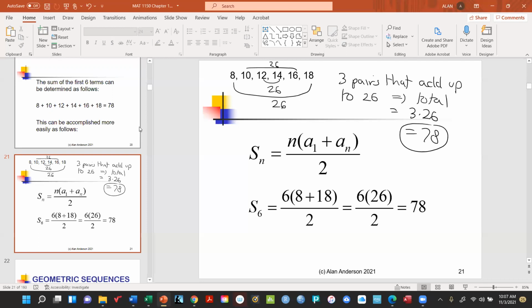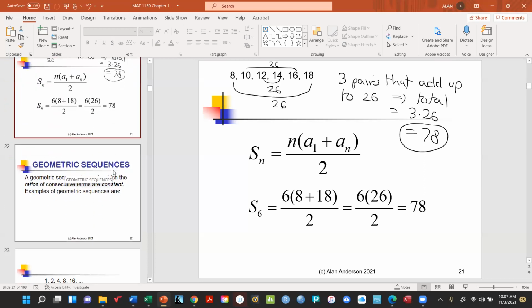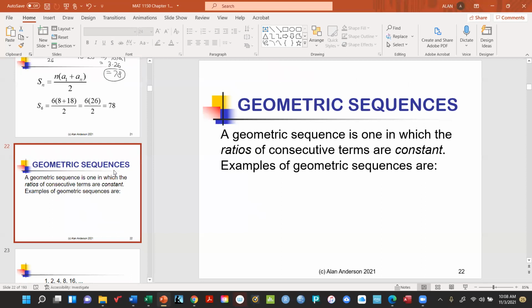Very good. Now, the second type of sequence that we want to look at in this chapter is the so-called geometric sequences. So arithmetic are the ones where we have a common difference between the terms. Geometric are a little bit more complicated, not that much more. Instead of a common difference, we have a common ratio.